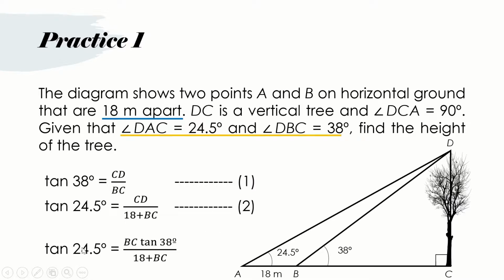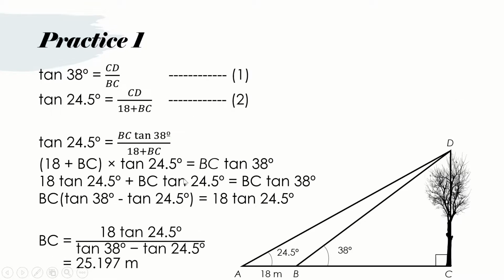Okay, so tangent 24.5 degrees is equal to, replacing CD from the first equation, CD equals BC tangent 38 degrees, so BC tangent 38 degrees out of 18 plus BC. Then you bring this 18 plus BC to the other side, the left hand side of the equal sign.